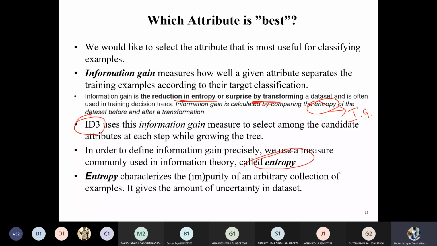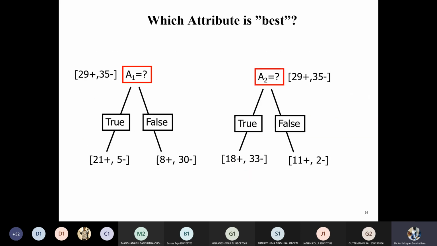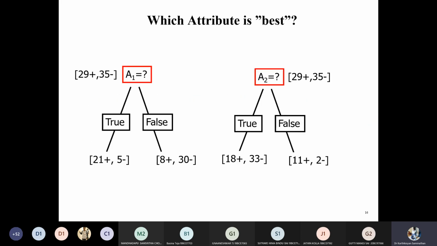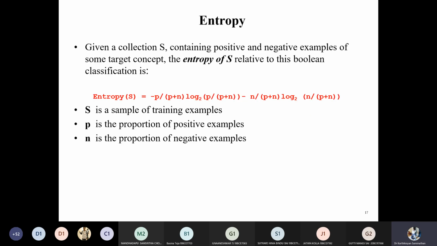This entropy should be calculated based on the positive examples and the negative examples. We will see. This entropy gives you the amount of uncertainty in the data set, both the purity and impurity of a collection of data. This is what entropy is all about. First, I'll show you the formula, then we'll move on to the problem. For example, see, this is the entropy of the samples.